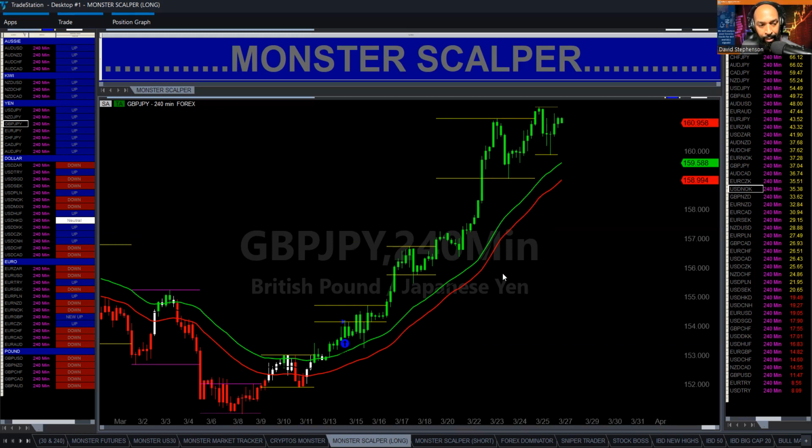Scaling in is the reverse. You take a small position, and as the trade moves in your favor, whether it breaks resistance or pulls back to the moving average, you keep adding. This is really what we do.